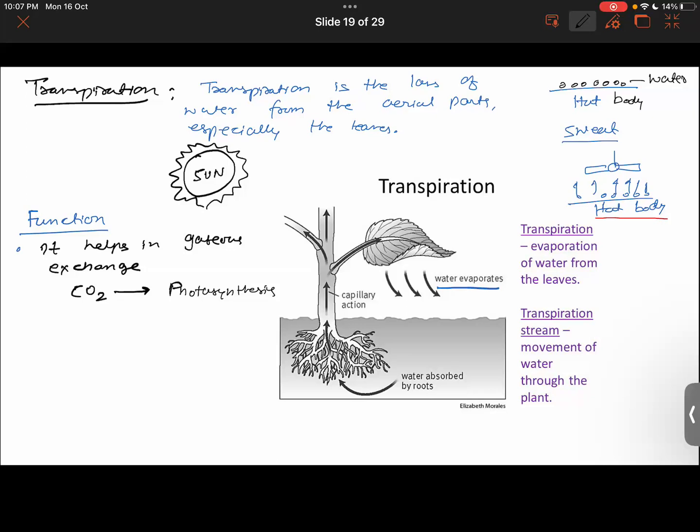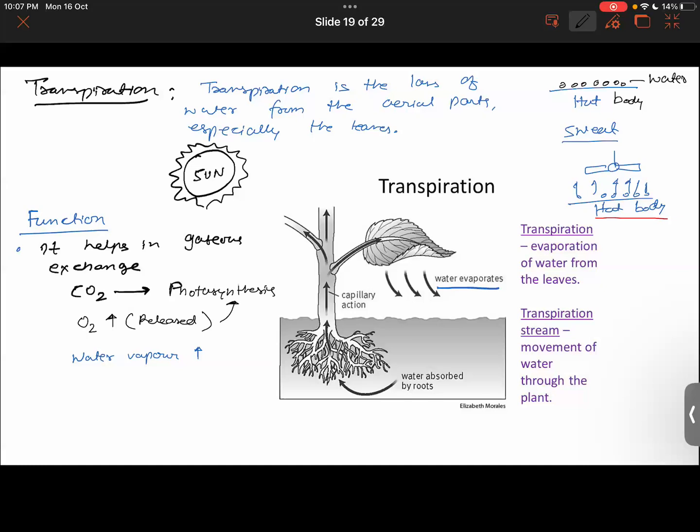Isn't oxygen also released? Yes, you said right. Oxygen is also released in photosynthesis. Then I also told that water vapor also evaporates. So water vapor is also being exchanged.